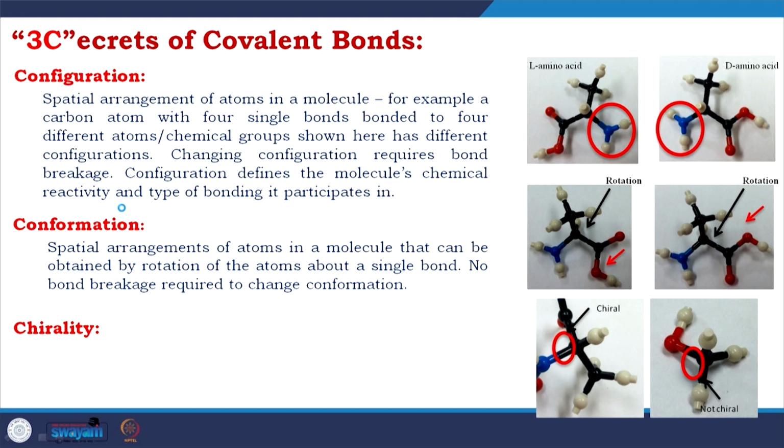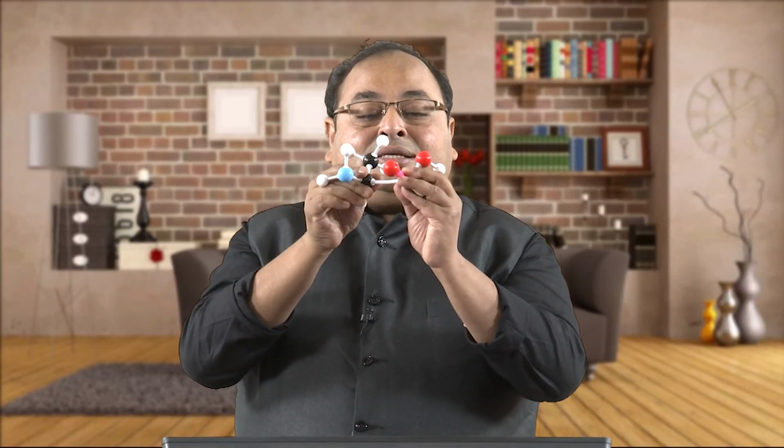No bond breakage is required to change conformation. As I have shown you, there is rotation and it could go to this side, it could come to this side. So, that is called conformation.